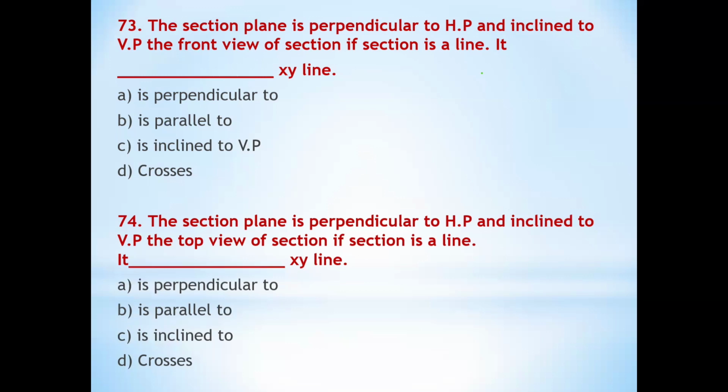We have to write how it will be with respect to the XY line. As the section portion is a line, the top view will definitely be inclined to the XY line. On that basis, the front view must be parallel to the XY line. Okay, so let us check out the options.